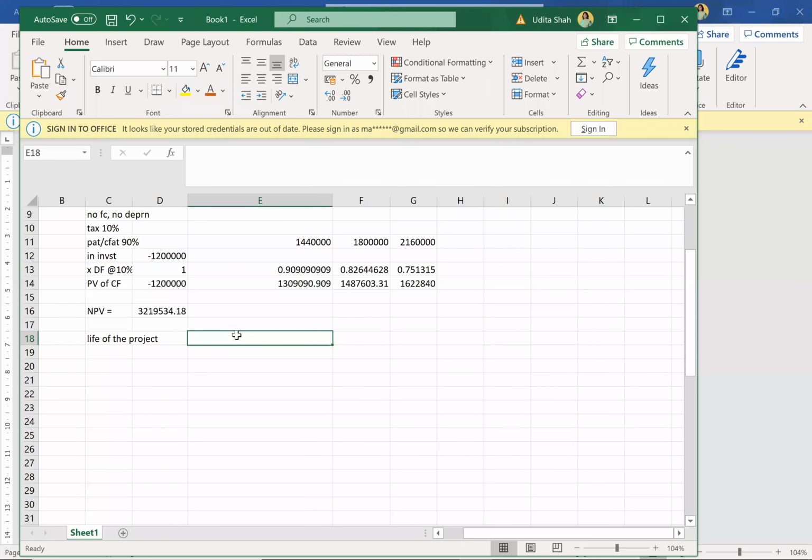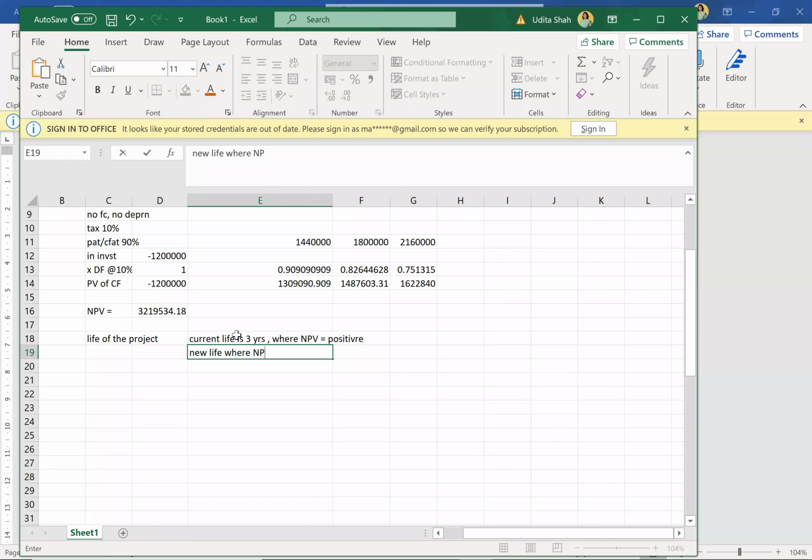So what is the existing life of the project? Current life is 3 years, where NPV is positive. I want the new life of the project where NPV equals 0.